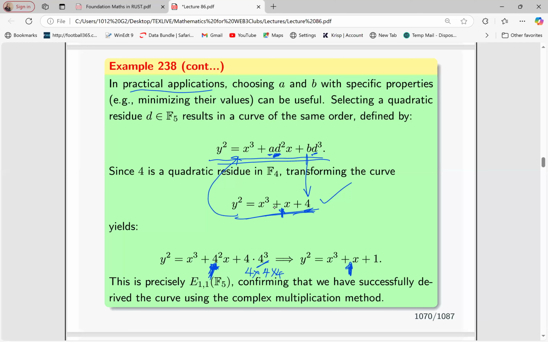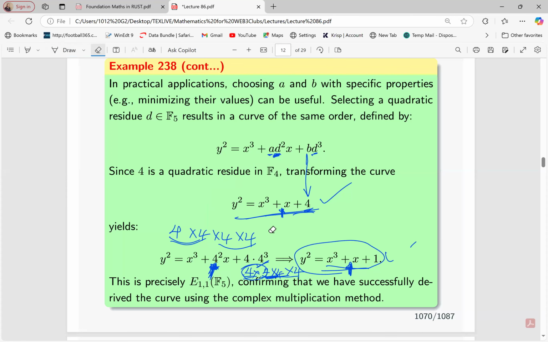Remember, 4 squared is 1, but we are taking 4 times 4 cubed. 4 squared is 1, so this is 1. So 1 times 1 again will be 1. So this is the curve we began looking for, and we've arrived at it.